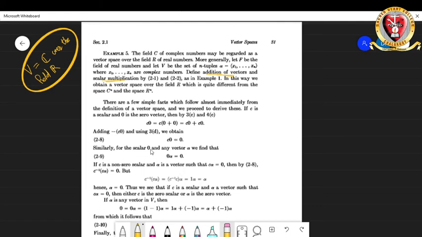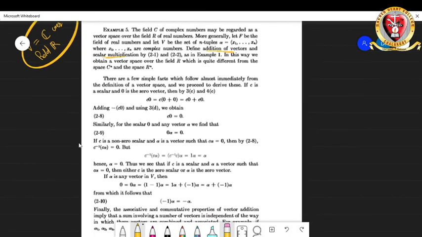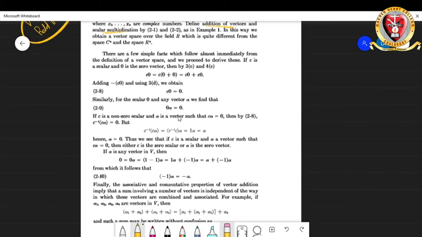Similarly, for any scalar 0 and any vector alpha, we can get that 0 into alpha is equal to 0. If C is a non-zero scalar and alpha is a vector such that C alpha is equal to 0, then C inverse of C alpha is equal to 0. But C inverse of C alpha is equal to C inverse of C into alpha, which is equal to 1 into alpha, which is equal to alpha. That means alpha has to be 0.